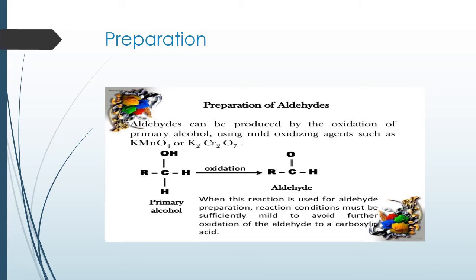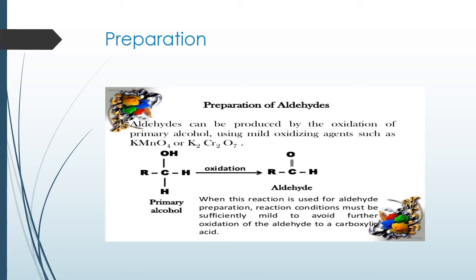Okay, now next, go to the preparation of aldehydes. How do you prepare them? Very simple. Aldehydes can be prepared in the laboratory by the oxidation of primary alcohol. That is very important. What type of conditions and reagents are used for the oxidation?